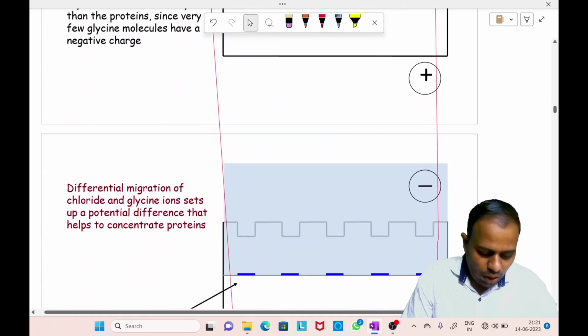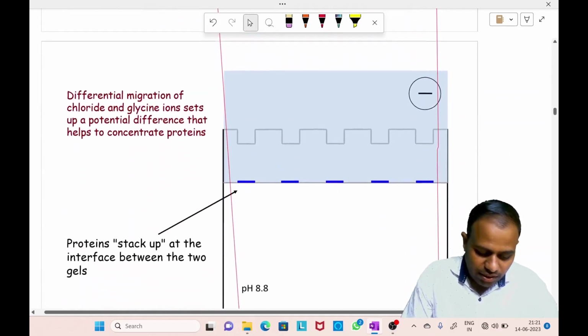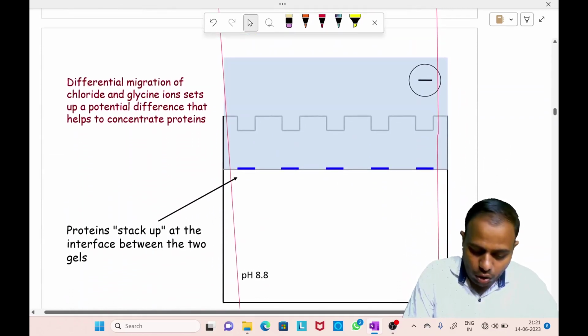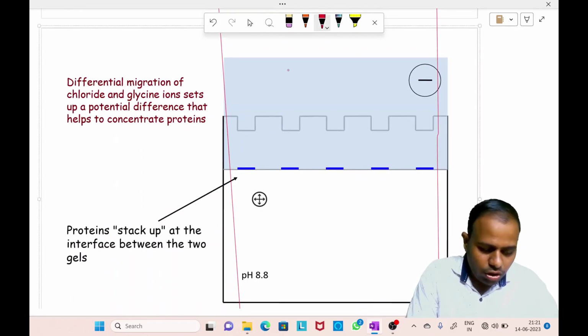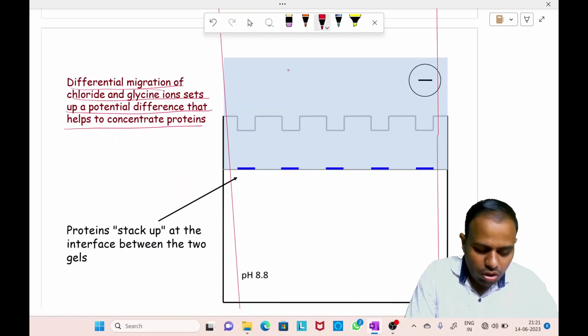Now what happens when all the proteins are at the interface? It starts to move. The differential migration of chloride and glycine ions sets up the potential difference that helps to concentrate the proteins.